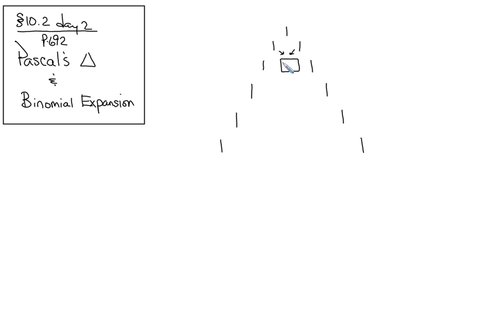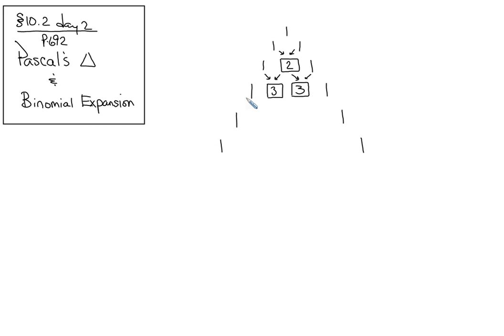What's 1 plus 1? 2. So that number is 2. Now, there are two numbers here that are missing, because we need four numbers in this row. For this one, you add these two numbers, which gives you 3, and for this one, you add these two numbers, which gives you 3. And so you get 1, 3, 3, 1.